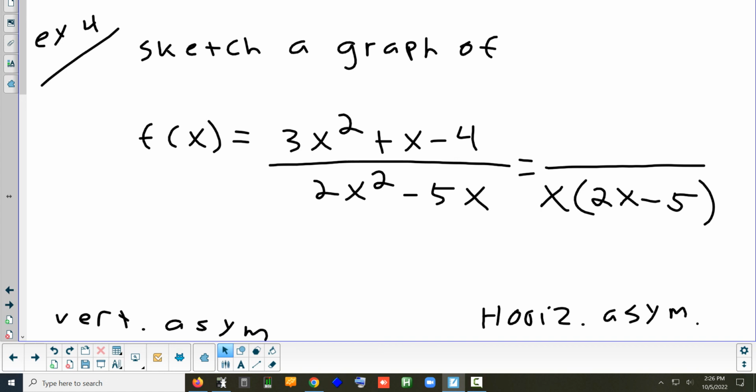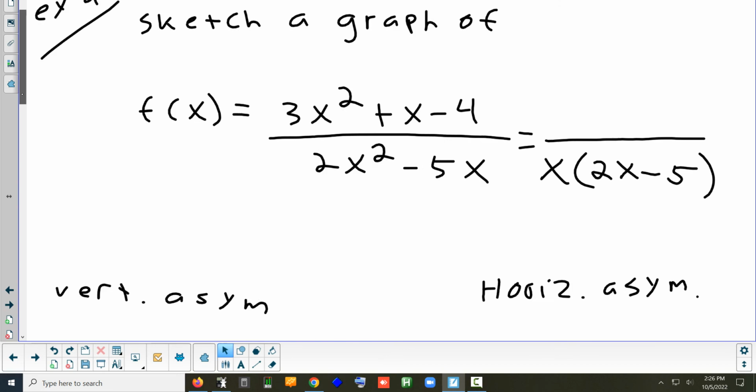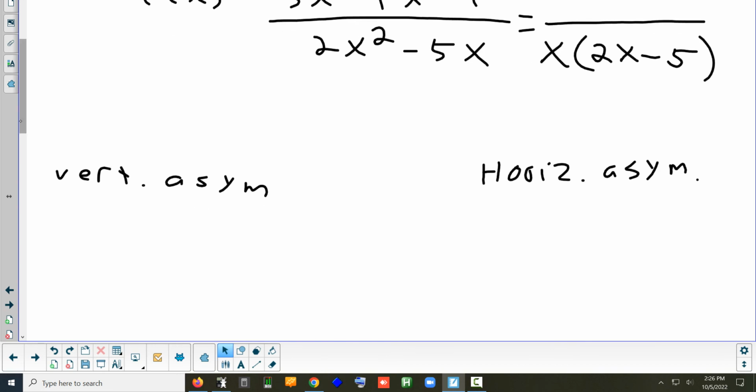And the numerator, it just stays the same, so I'm not even going to write it again. Okay, vertical asymptotes. Alex, when I write my vertical asymptotes, how does the equation start? x equals, right? And then for horizontal, it's y equals.